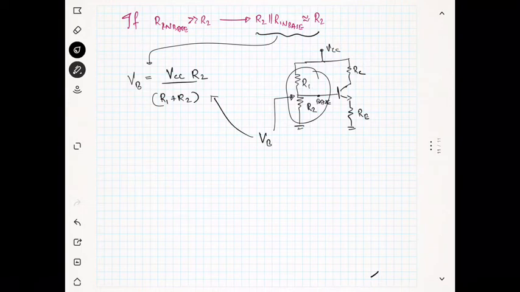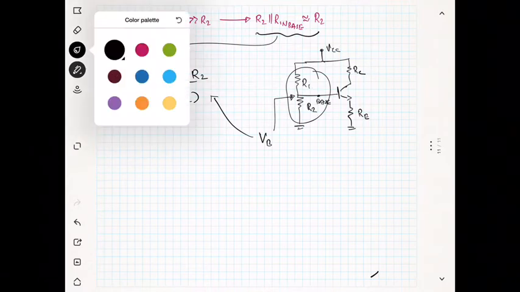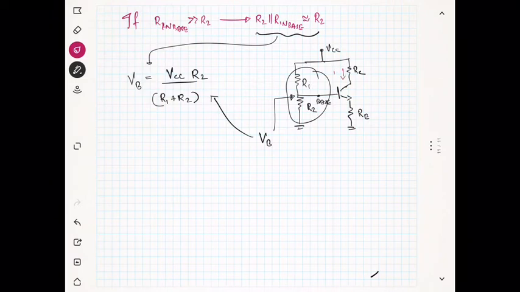So at the input side you can find the VB like this, and at the output side, how to write the Kirchhoff law? At the output side we have the current IC, and this current is IE, but it is approximately equal to IC. So we will not be using IE anymore; we will be approximating IE with IC. Please note this point.